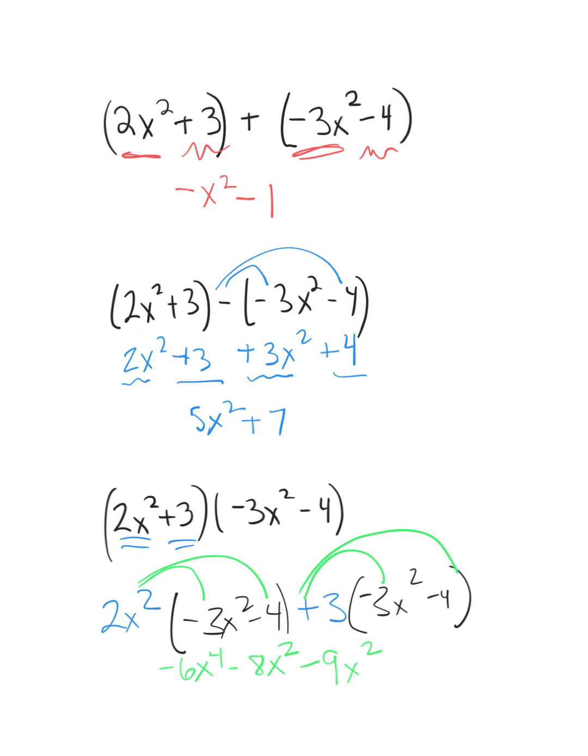And then 3 times the negative 4, negative 12. And so we're going to look at this when we go to combine like terms now. And we would say that negative 6x to the 4th will be part of the answer. Negative 8 and negative 9 will make a negative 17x squared, and then a minus 12.